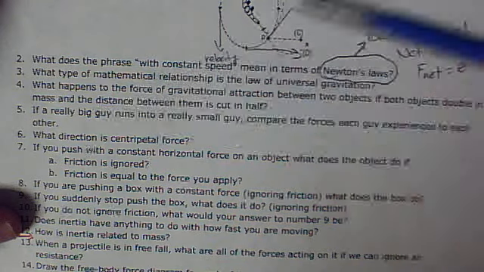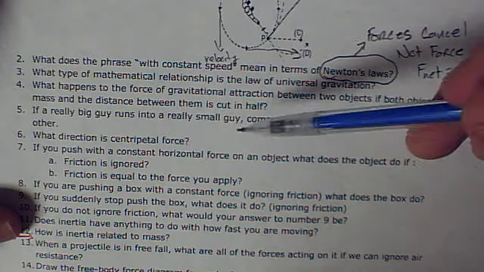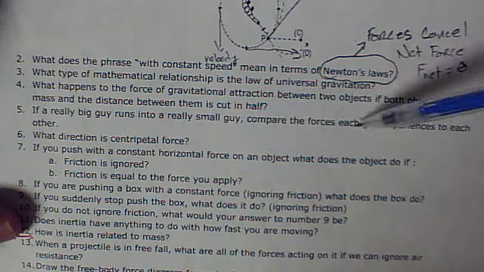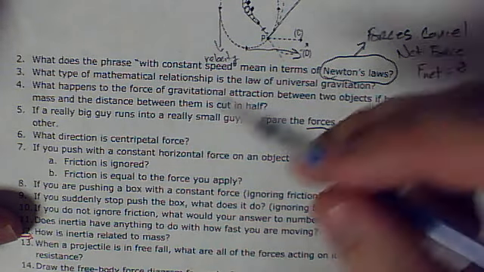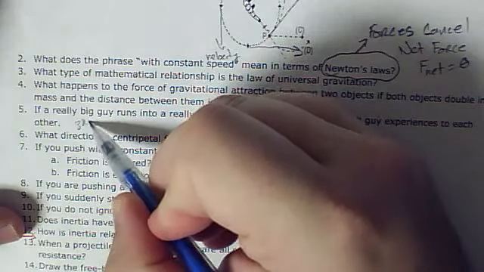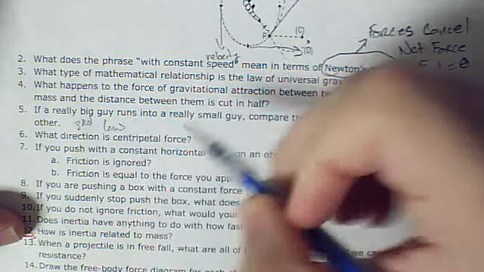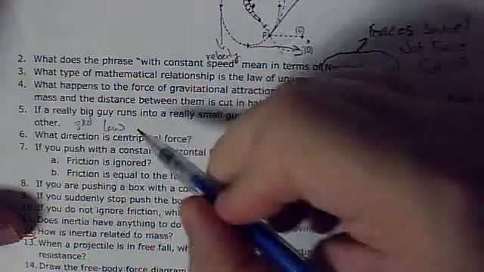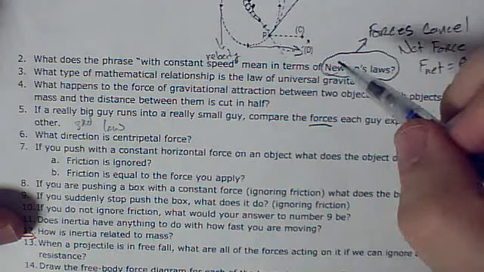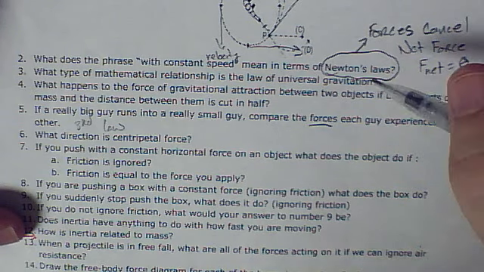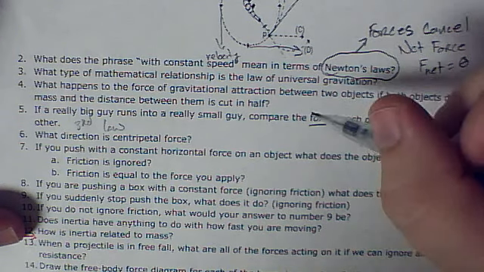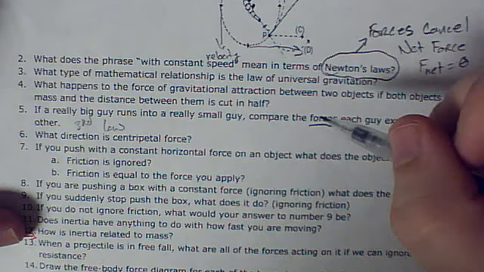Okay, number 5, if a really big guy runs into a really small guy, compare the forces each guy experiences to each other. Well, Newton's third law tells us that forces are equal and opposite, so the force that each experiences will be the same. The difference is the effect of the force.